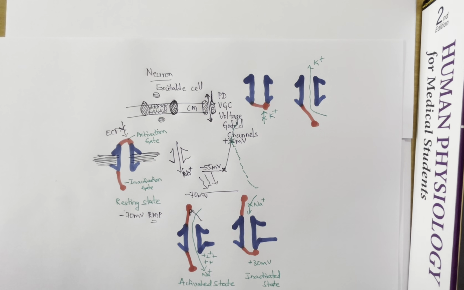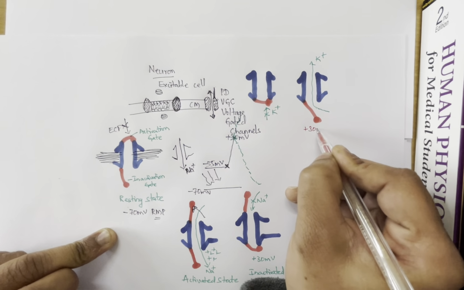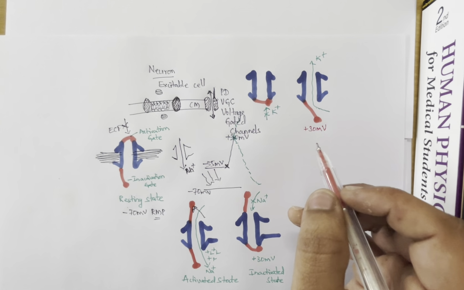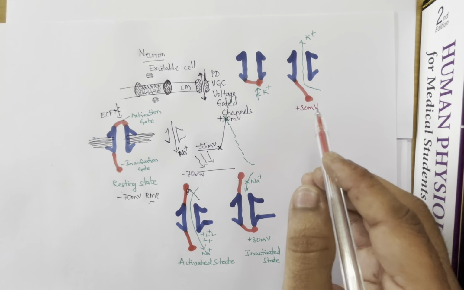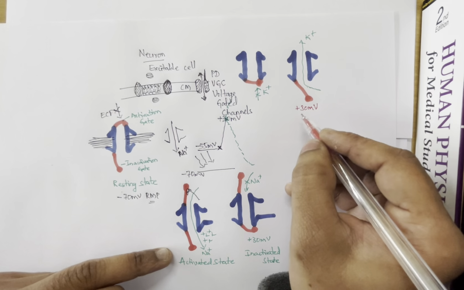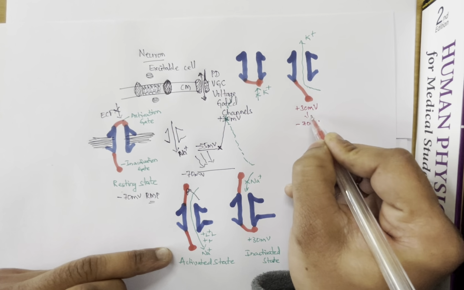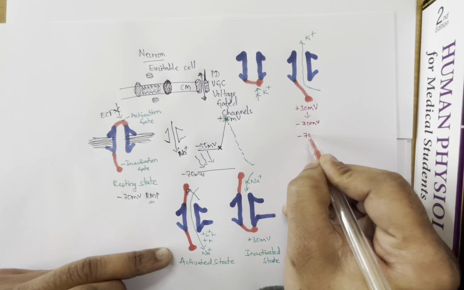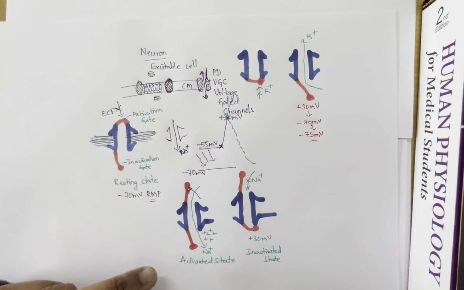They open at plus 30 millivolt, and they stay open for a longer duration, so that more and more positive charge moves out of the cell and the resting membrane potential is restored. From plus 30 millivolt it comes back to minus 70 millivolt, and from minus 70 it can go on to more negative, minus 75 millivolt, that is hyperpolarizing potential.